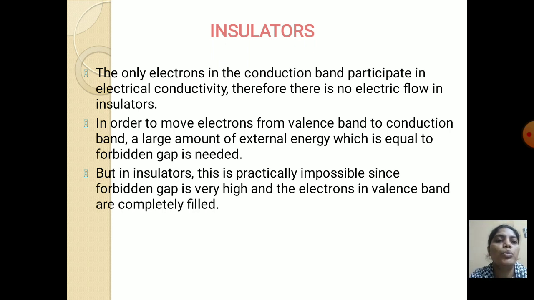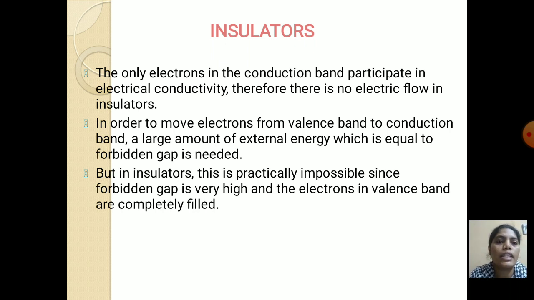Now, in order to move electrons from valence band to conduction band, we need some external energy which is equal to the forbidden gap. As we know that the forbidden gap is very high, we need high external energy to move electrons from valence band to conduction band.